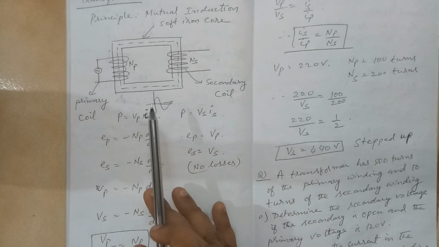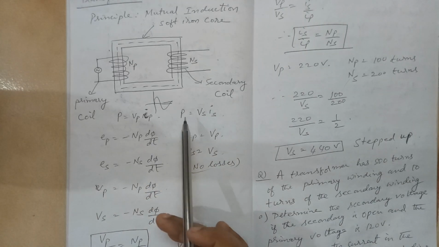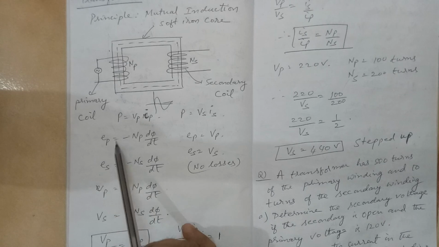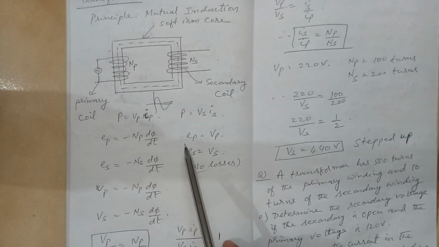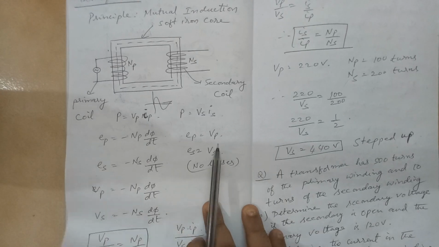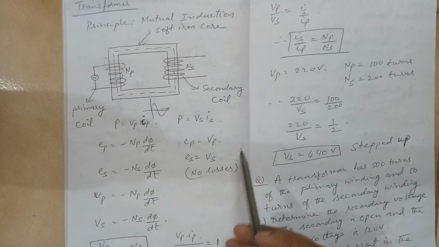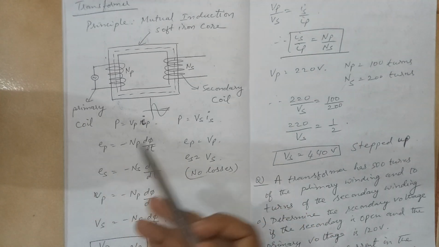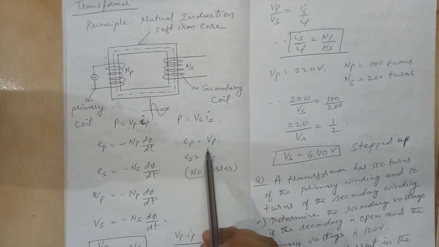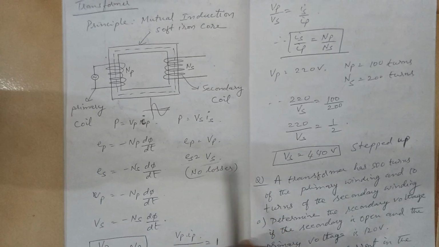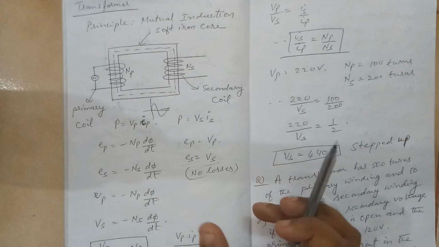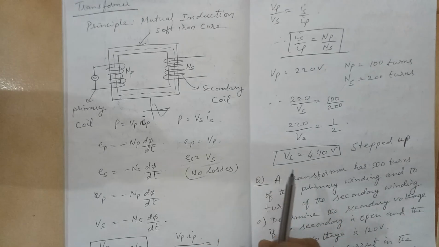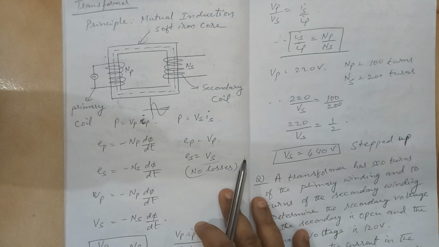If you consider this as an ideal setup, what do I mean by EP and ES? It's like a battery providing EP EMF, and assuming that there are no losses, it will be equal to the voltage. So EP will be equal to VP and ES will be equal to VS. Remember that DC setup where you have a battery and a resistor.